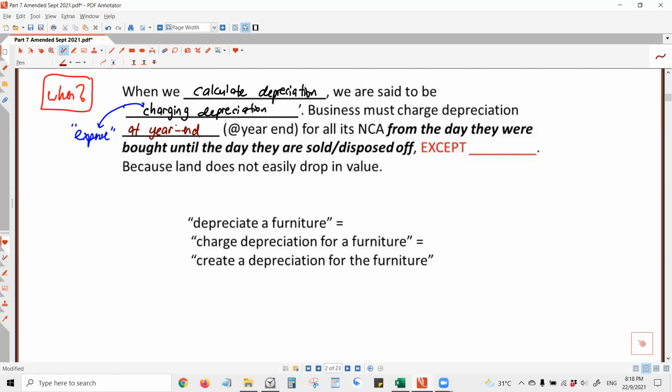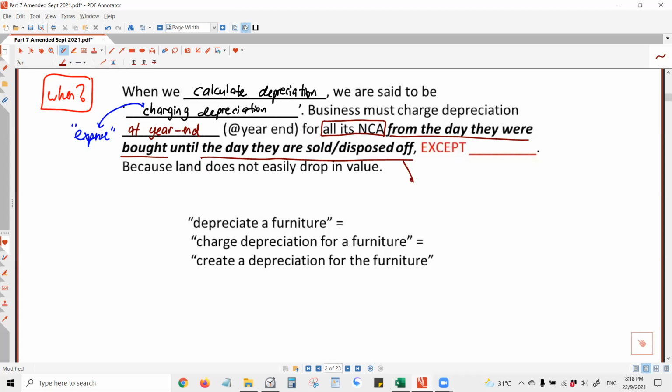So at every year end, we calculate depreciation for all NCA. It is telling you that all the NCA you have in your business, you must calculate depreciation for them, from the day they were bought until the day they are sold or disposed of.